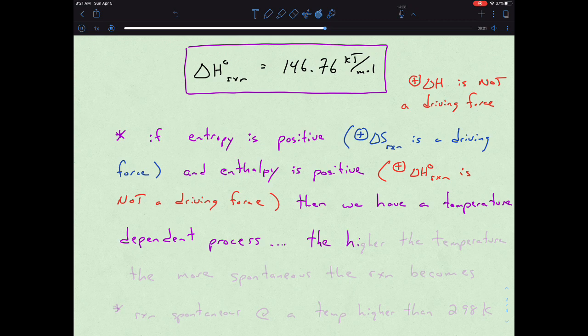The higher the temperature, the more spontaneous the reaction becomes.